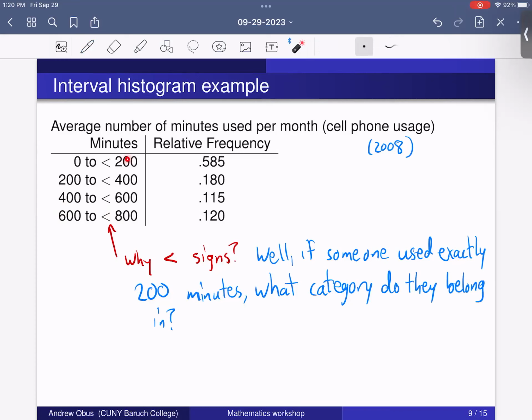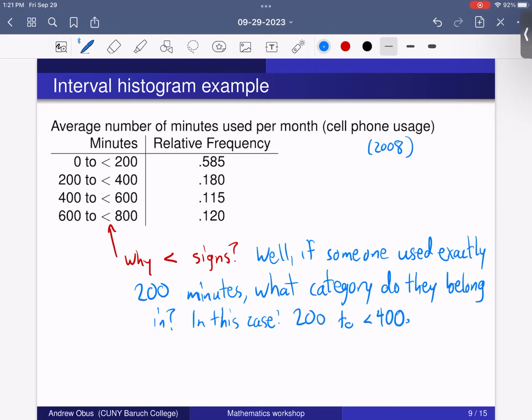Because instead of 0 to 200, we're saying 0 to less than 200, so it really means 0 to 199, that's saying that somebody who used 200 minutes unambiguously belongs to the second category. It's the 200 to less than 400 category. So in this case, it would be 200 to less than 400.